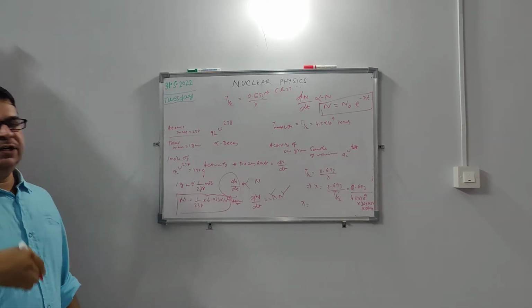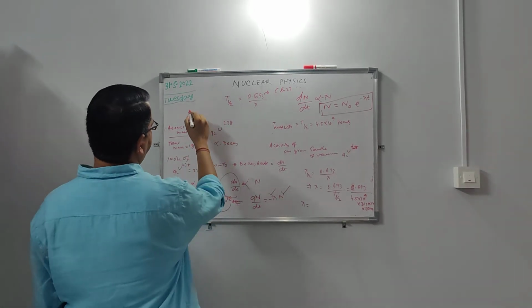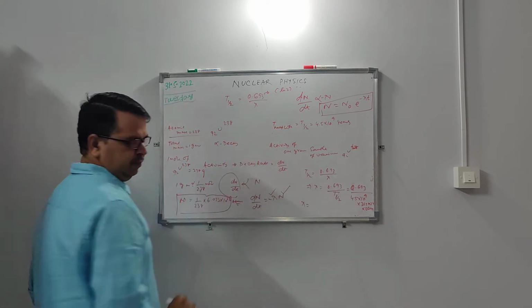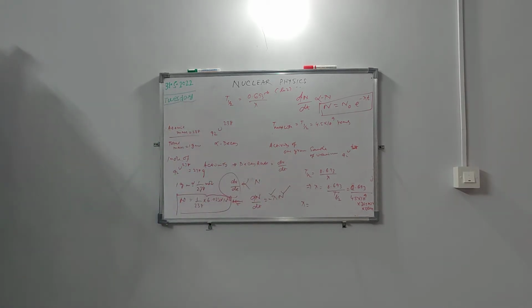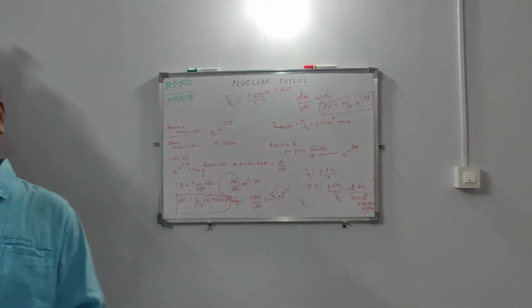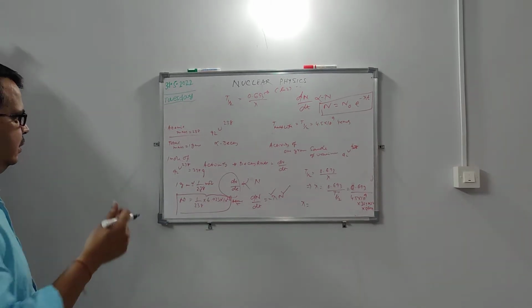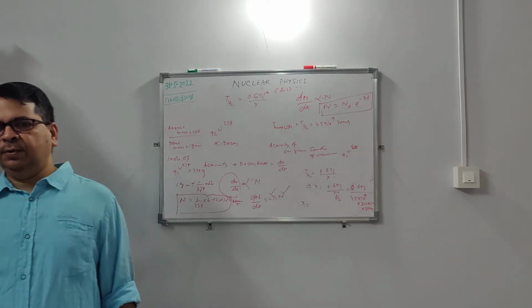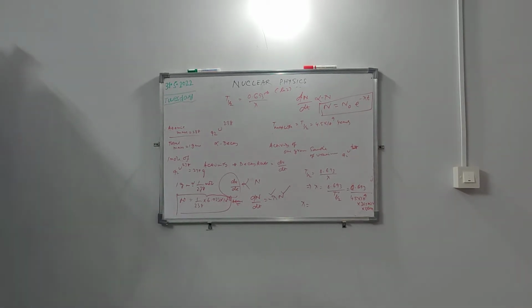So a positive exponential curve, how does it look like? You know the difference between a linear curve, a parabolic curve and a cubic curve, how the slope changes. In a linear curve the slope remains constant.